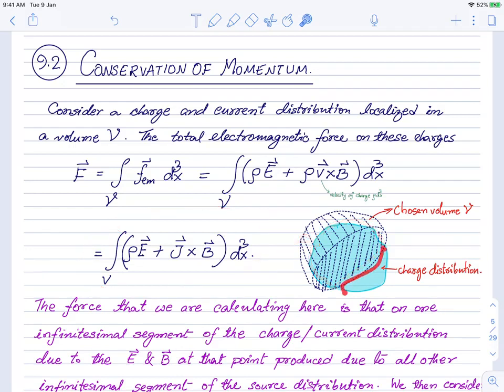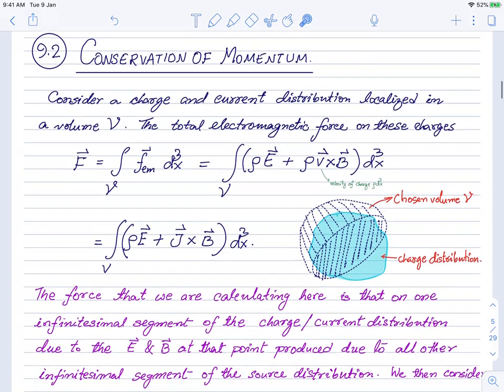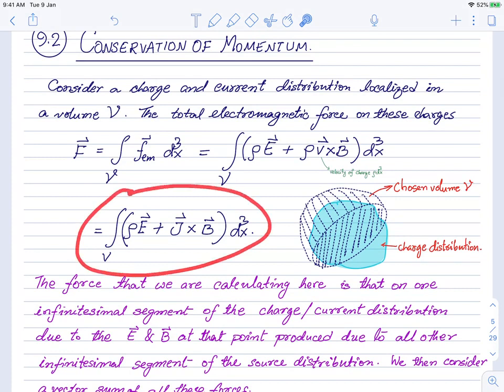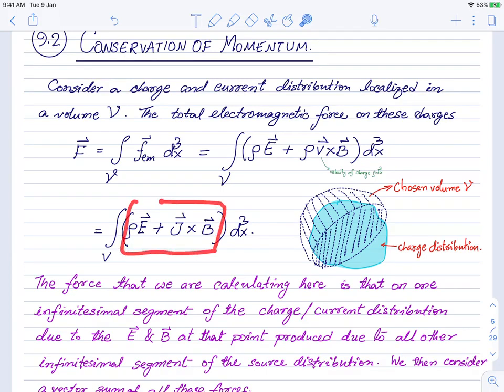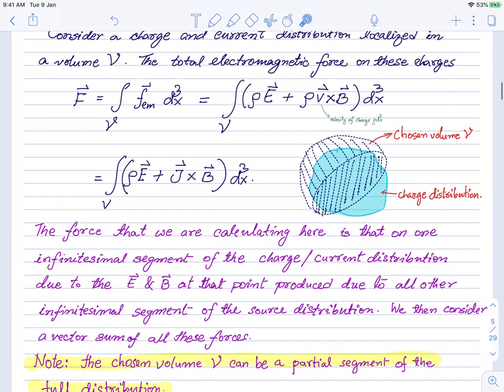It will not take into account the force on the charge distribution outside the region. This is something very interesting and also very important: we can do the integration over whatever volume we like, and it will give us the force on the charge and current configurations inside that volume.